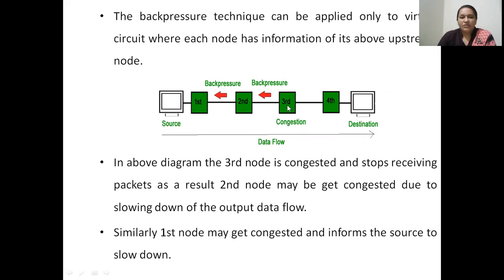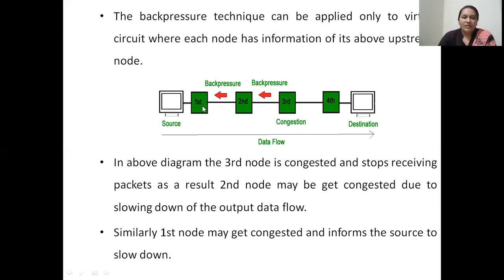Say the third node in the network is currently congested. It will apply back pressure on the second node by rejecting the packets which are sent by the second node. Due to this, the second node will become congested. It cannot handle packets which it is receiving because its outgoing link is currently choked. So it will start rejecting the packets from the previous upstream node, that is the first node.